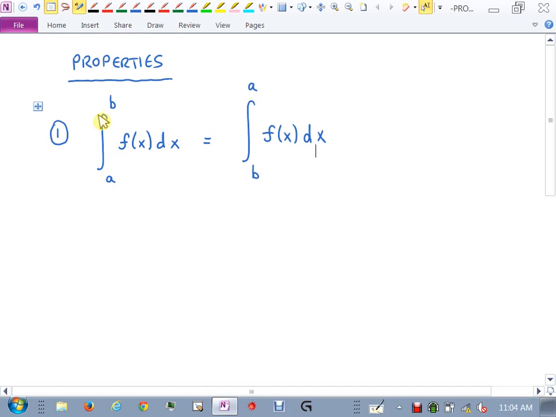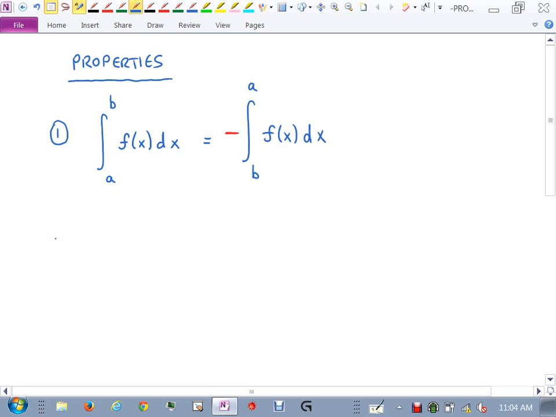The lower limit of integration and the upper limit of integration are interchanged. When you do that, you get the same answer, but with a different sign. So if the area under the curve between A and B was 4, then if you go from B to A, which is the opposite direction, which doesn't make a whole lot of sense, but if you do reverse the direction, then you change the sign of the answer. Does that make sense? Okay. So that's your first property.